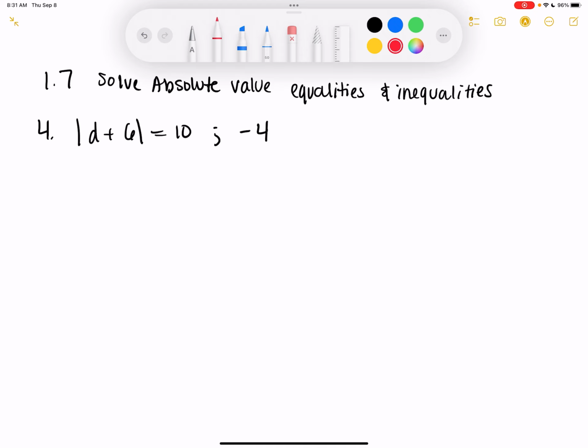So I just plug in negative 4. The absolute value of negative 4 plus 6 is going to be the absolute value of 2, which is not equal to 10, so it's not a solution.